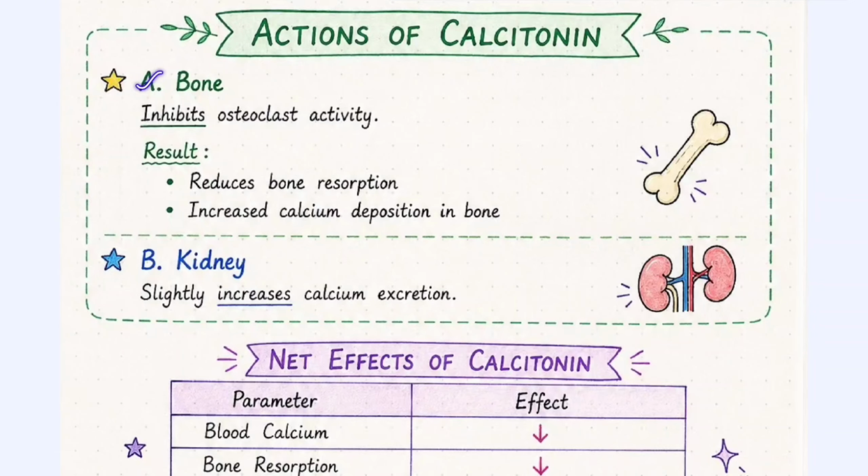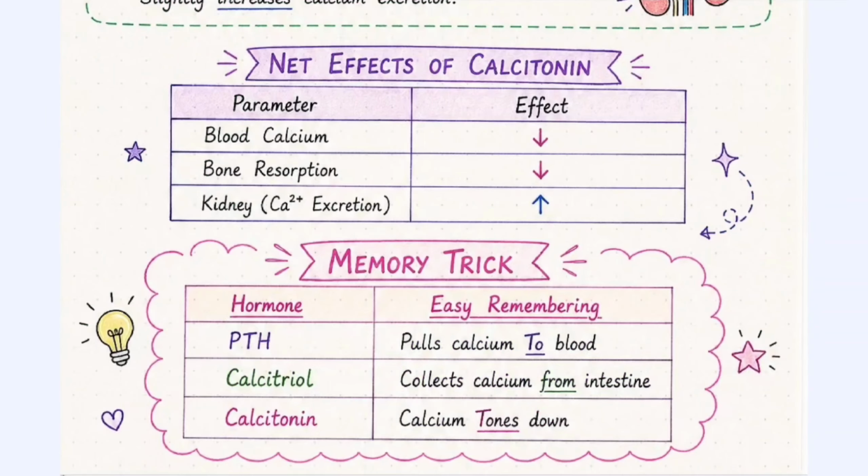In bone, it inhibits osteoclast activity, resulting in reduced bone resorption and increased calcium deposition in bone. And in kidney, it slightly increases calcium excretion. So, the net effect of calcitonin is decreasing blood calcium level, decreasing bone resorption, and increasing calcium excretion through the kidney.